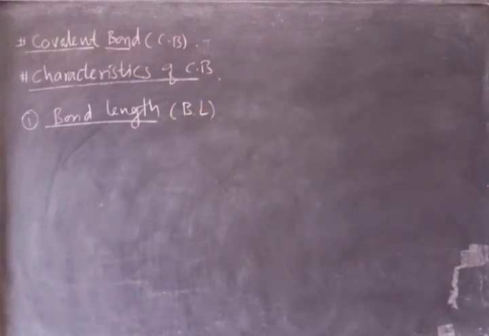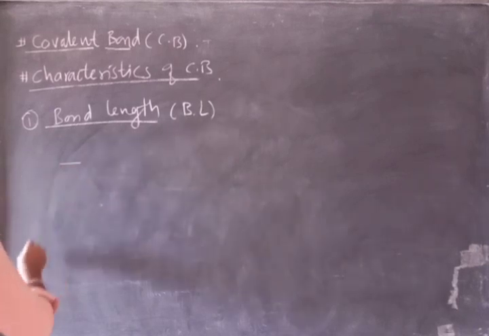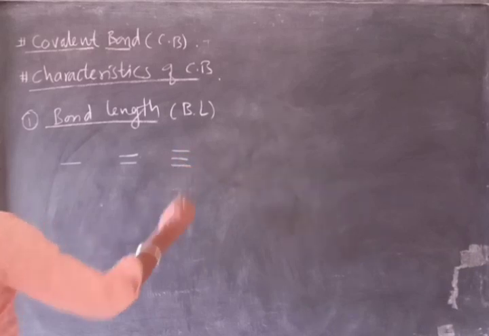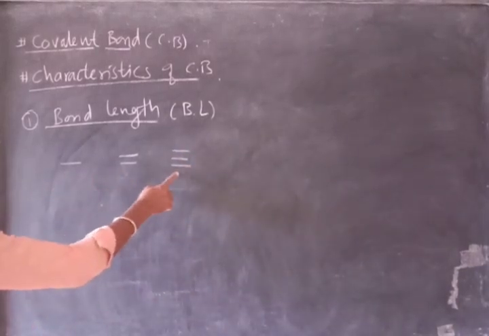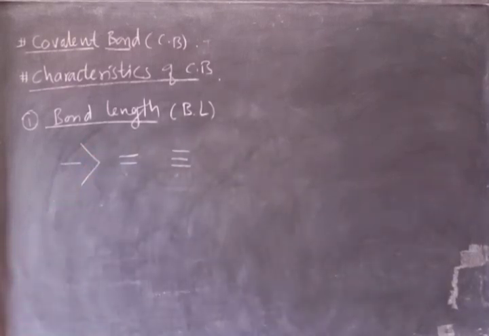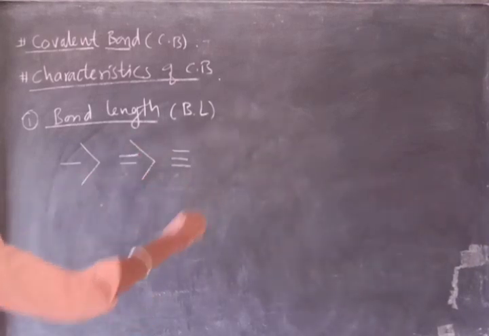Now remember this thing, guys, students. Here is a single covalent bond, here is a double covalent bond, and here is a triple covalent bond. The single covalent bond is the longest bond, and in this way the bond length decreases.